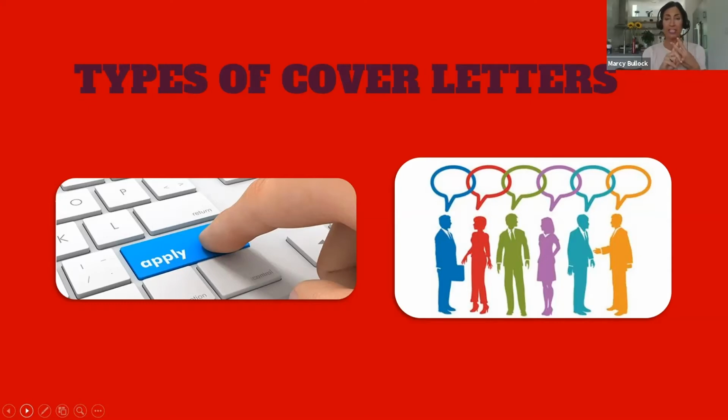Second letter is a networking letter. Now, that's more where you get a referral to an organization. Someone recommends that, oh, I have a good friend that works at, and then you send the letter directly to that organization and you say the name of the person who referred you. What you are asking for in that letter is a conversation because there's no job open. So you would also watch our video on informational interviewing.